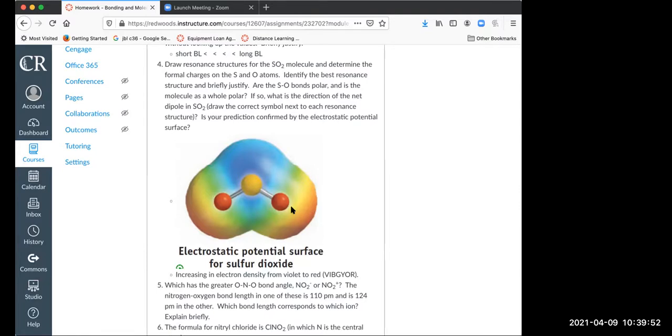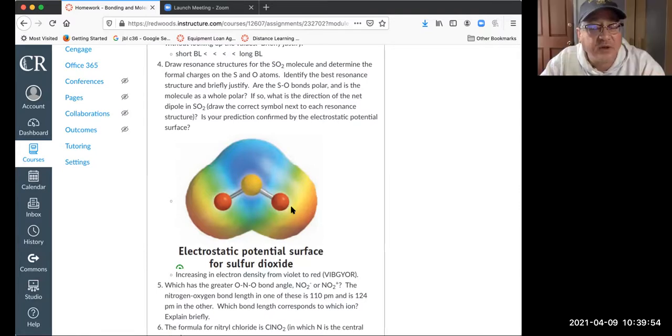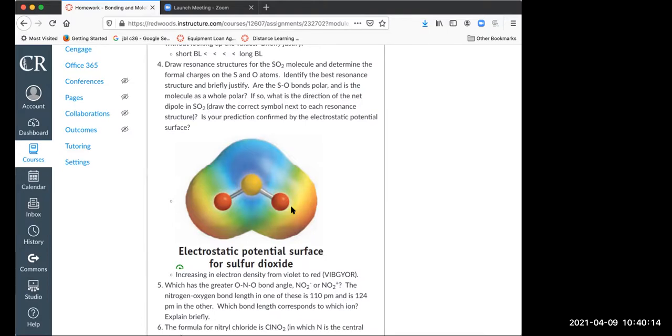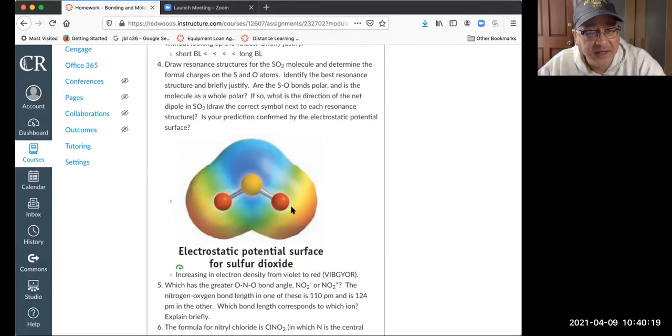Yeah. So it says increasing in electron density from violet to red. That means it's more dense around the red. So if you have more electrons around the red, that means it's going to be slightly negative. So can we cut this molecule in two with a horizontal line and get most of the blue above the line and most of the red below? Yes. So that means that this is polar. So it does match what we have, because in this case, we put the plus by the sulfur side pointing towards the oxygen side. Fair enough?